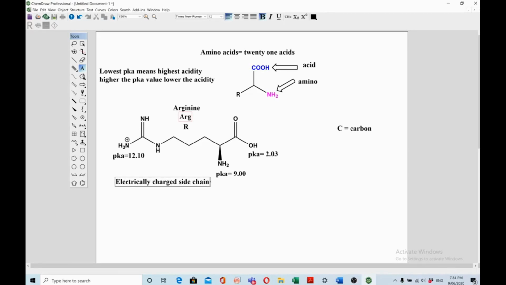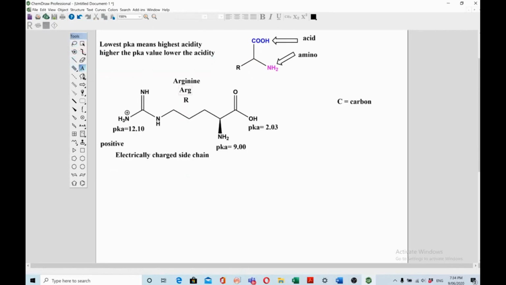There are 3 amino acids which fall into this category, which have a charged side chain, which could be positive or negative. If there is a positive charge, we call them positive electrically charged side chain amino acids. There are 3 amino acids: arginine, histidine and lysine. Let's discuss histidine now.